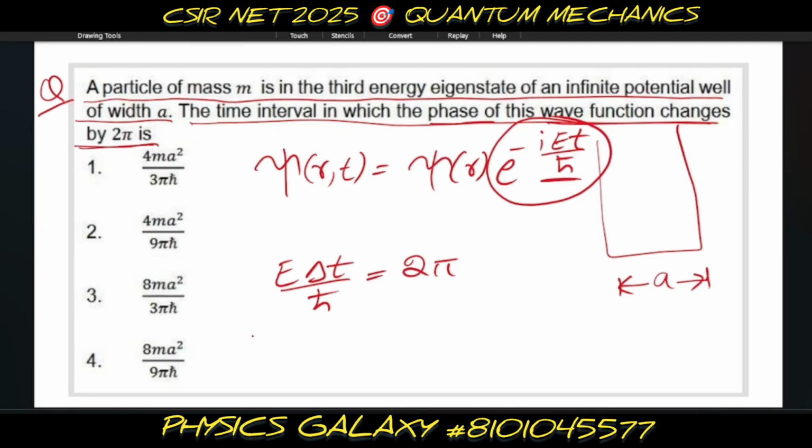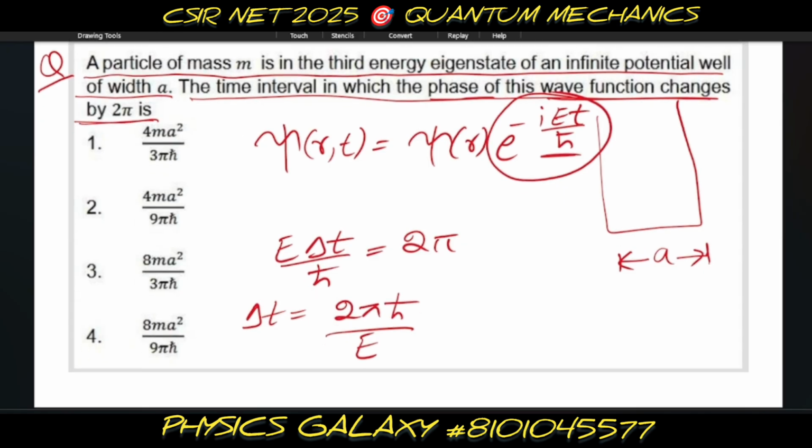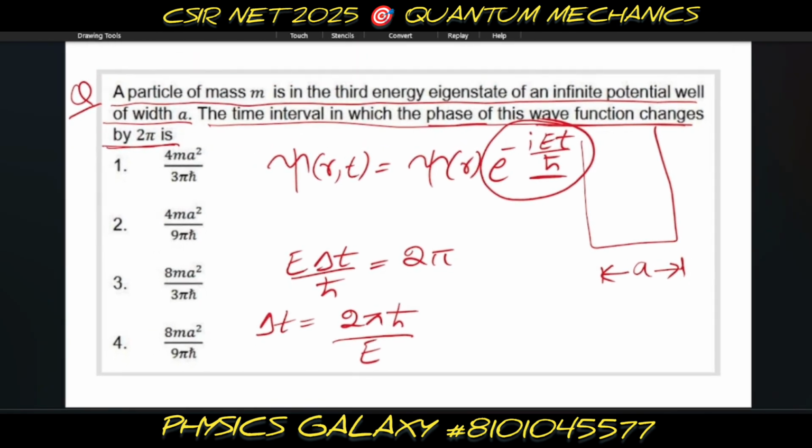So we have to find the time interval, so delta t will be equal to 2 pi h cut by E, right? So now energy in the third state, so E3, so we'll have 2 pi h cut, divided by n squared pi squared h cut squared by 2m a squared, so that is the energy of the third state.